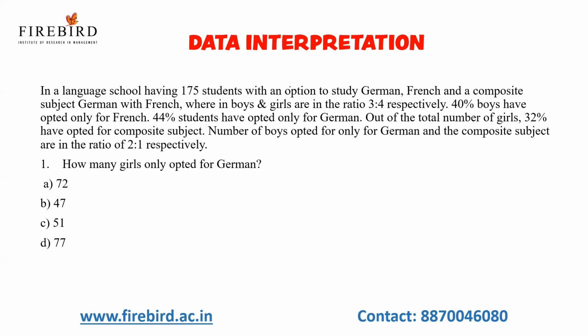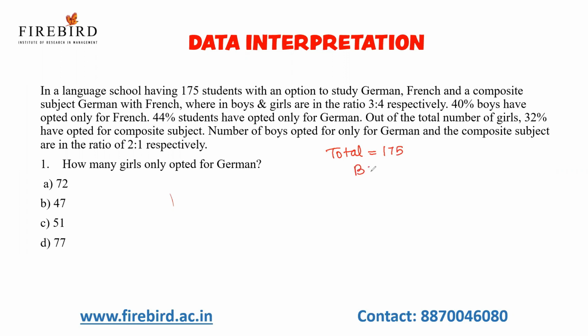In a language school having 175 students with an option to study German, French and a composite subject with German with French, boys and girls are in the ratio 3:4 respectively. So the total number of students in the school is 175.